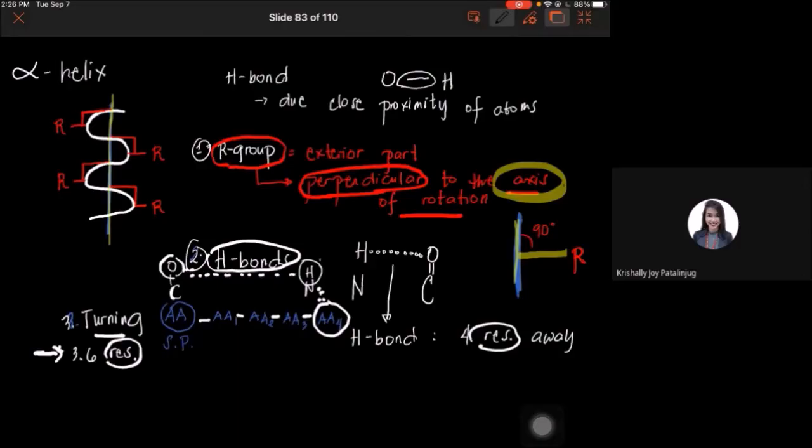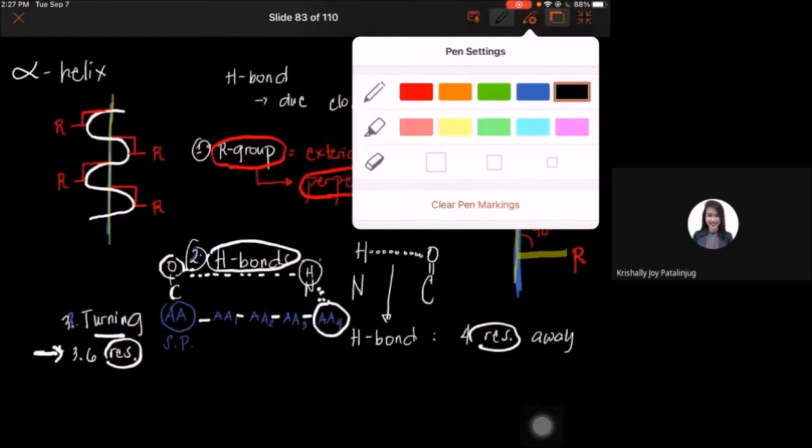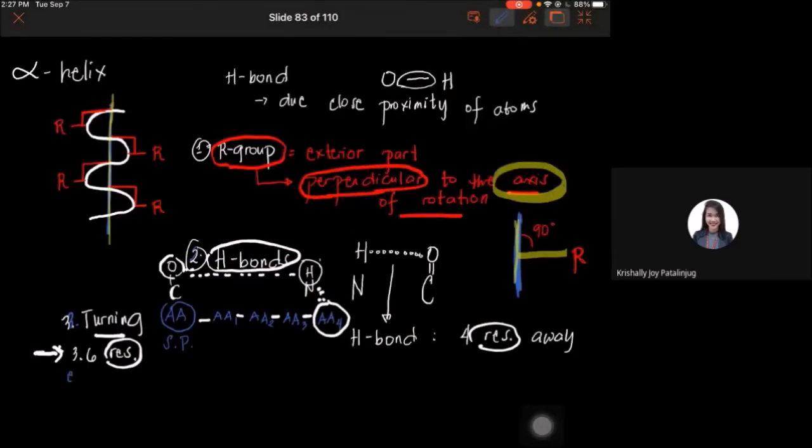Okay? So, turns will be formed. Okay? So, nakuha. Sige, para ma-check kung naiintindihan nyo yung 3.6 residues na bumubuo ng turn ng isang alpha helix, magbibigay ako ng example scenario. For example, with regards to turning, merong isang polypeptide chain.